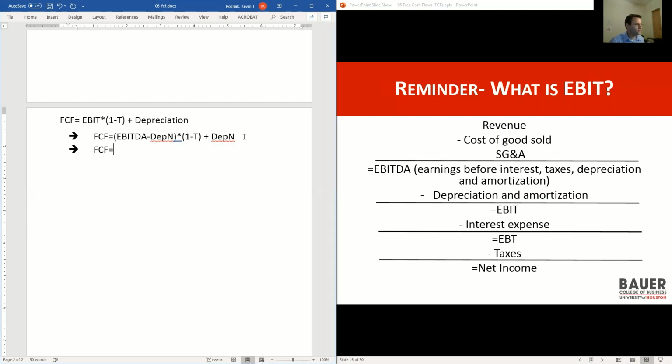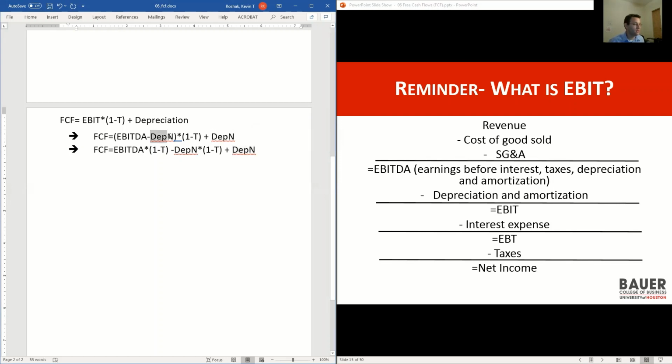So we're left with free cash flows is equal to EBITDA times 1 minus T. And then I need to distribute depreciation to this 1 minus T term. So I'm going to subtract off depreciation times 1 minus t, and then I add on that last depreciation here. This last depreciation here corresponds to that last depreciation there.